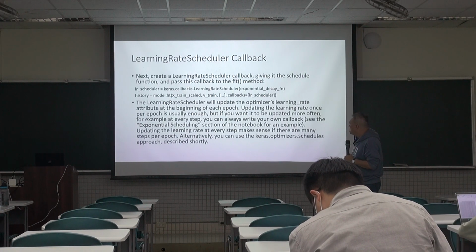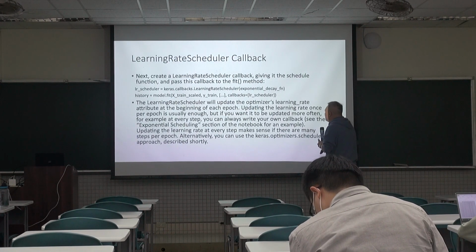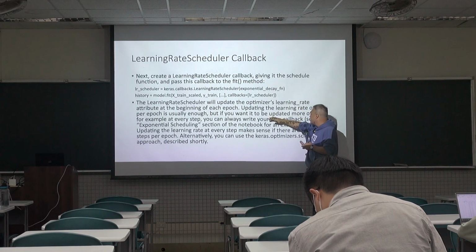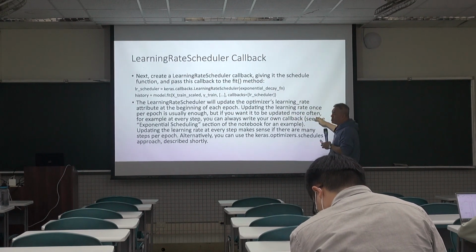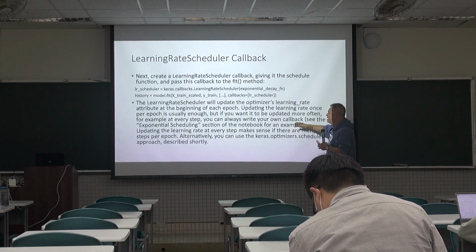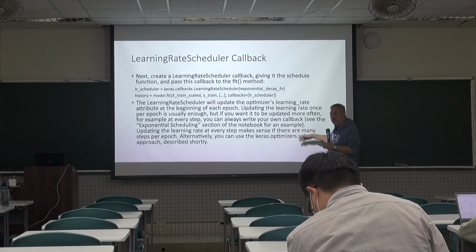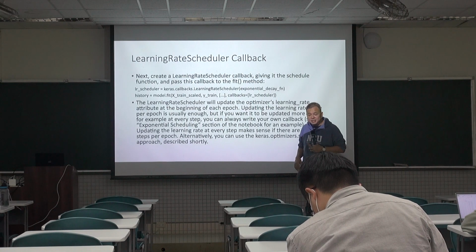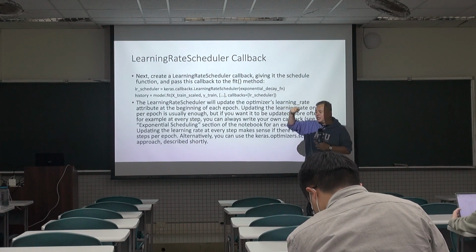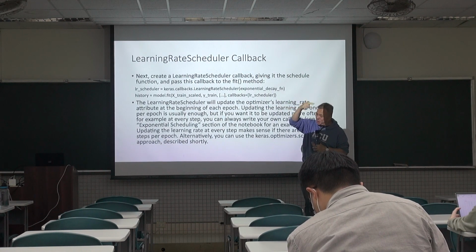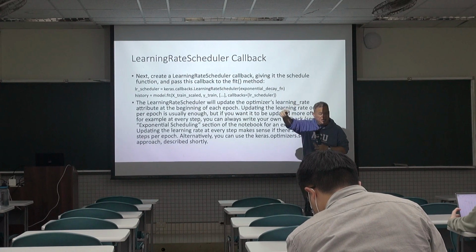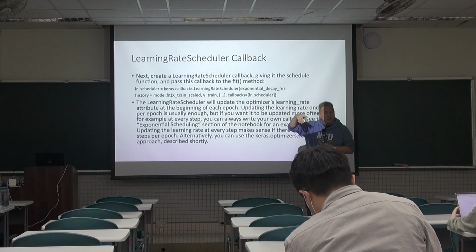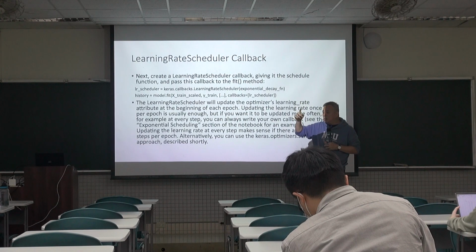If you want this learning rate to be updated more often, for example at every step, then you can write your own callback. I think I talked earlier about how you can write your own callback. We have controls, for example, at the beginning of the epoch, at the end of the epoch, at the beginning of an iteration, at the end of an iteration.